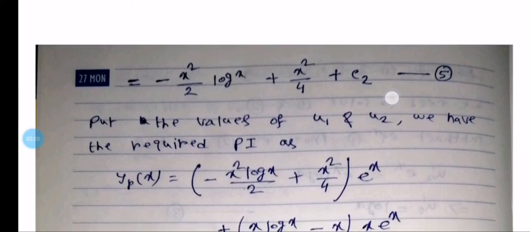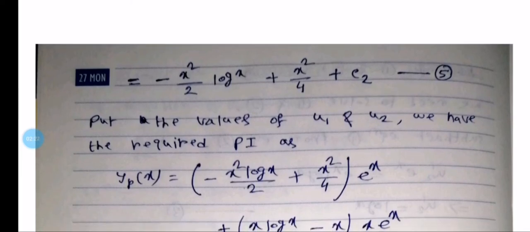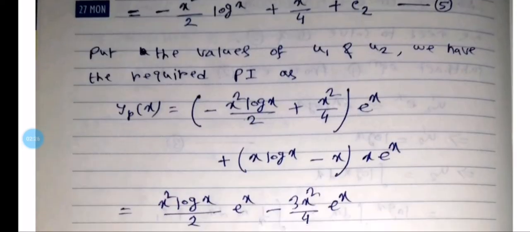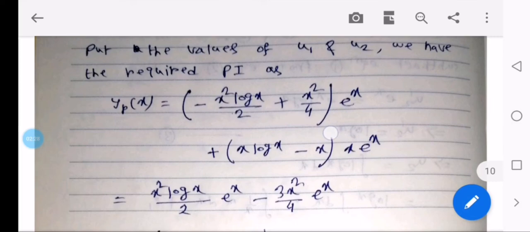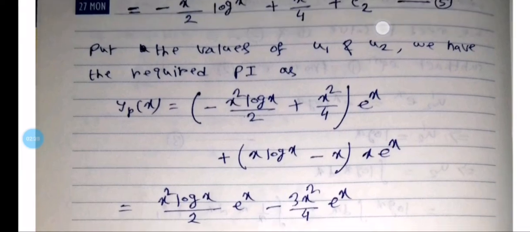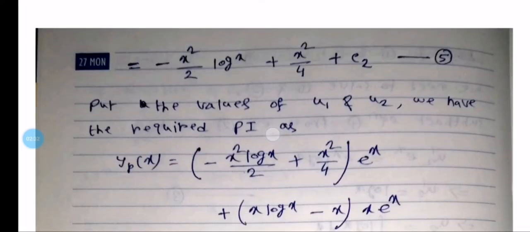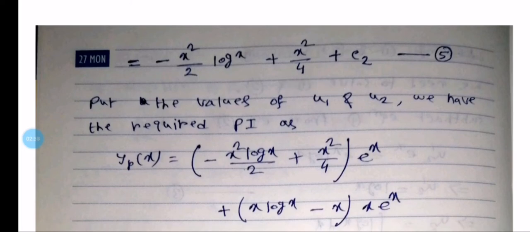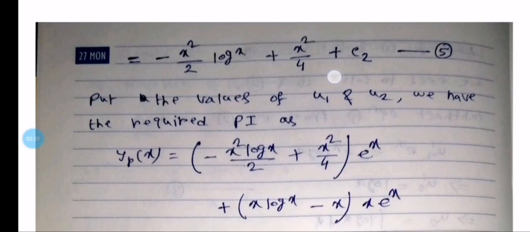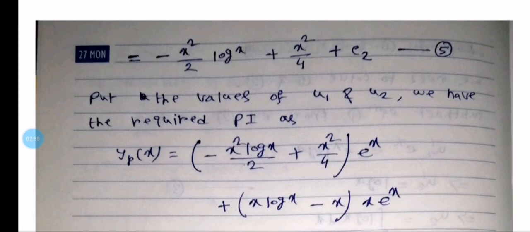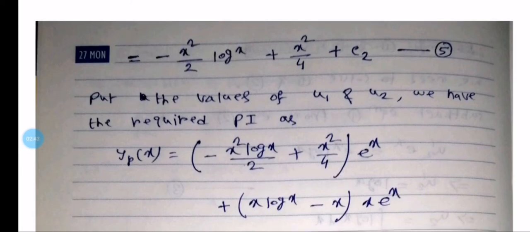These constants you need to change, so for c3 and c4 you use separate constants, but when you write the PI you don't need to write c3 and c4; you can omit these constants. You can simply write the particular variation term, minus x square log x by 2 plus x square by 4; you can simply omit c4.